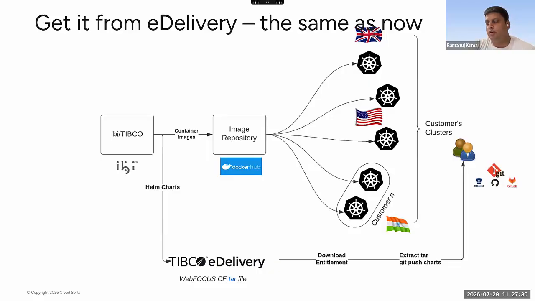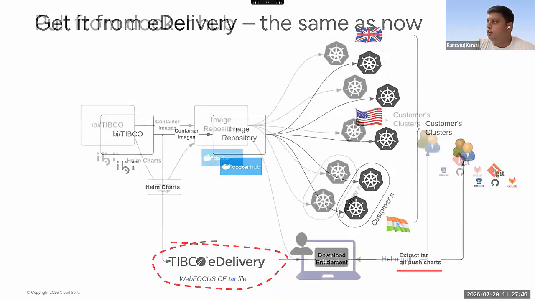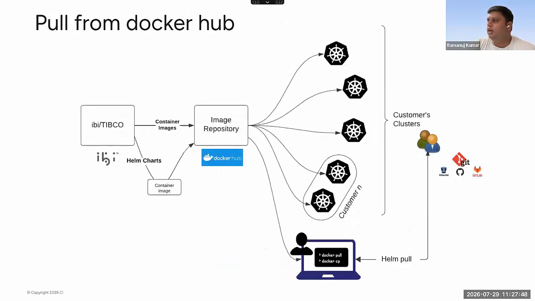So even if you don't download the tar file, you can get access to the charts you need to deploy the container edition. So basically, you get from eDelivery and then you can push those charts to your version control. That's the one way. And the second way is you can directly pull the charts from Docker Hub repository.